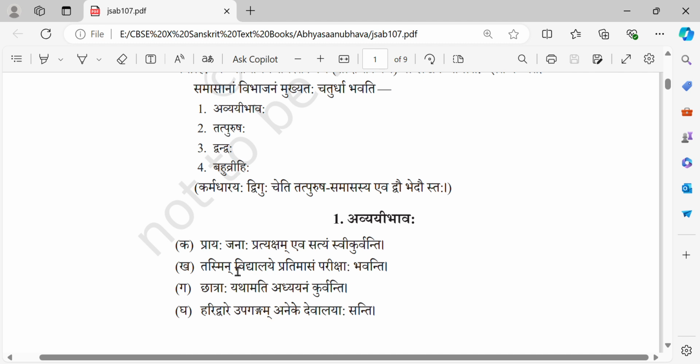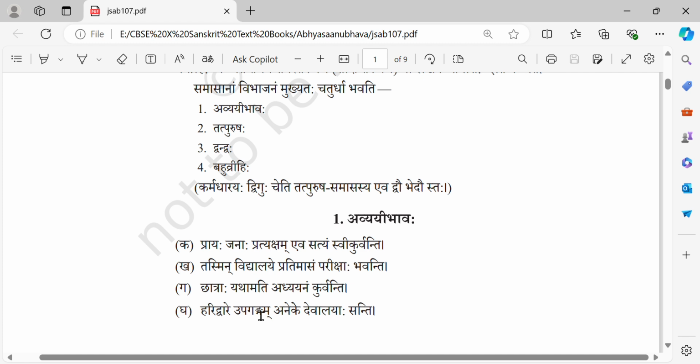Prayaha janaha pratyaksham eva satyam svikurvanti. Pratyaksham is avyayeebhava samasa. Tasmin vidyalaye प्रतिमासं परीक्षाः भवन्ति. प्रतिमासं, prati, here prati is used. छात्राः यथामति अध्ययनं कुर्वन्ति. यथामति is also avyayeebhava samasa. हरिद्वारे उपगंगम अनेके देवालयाः सन्ति.